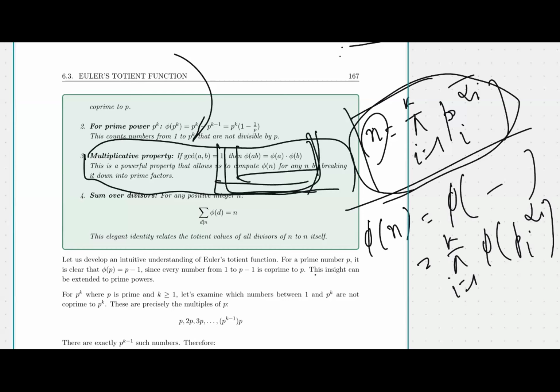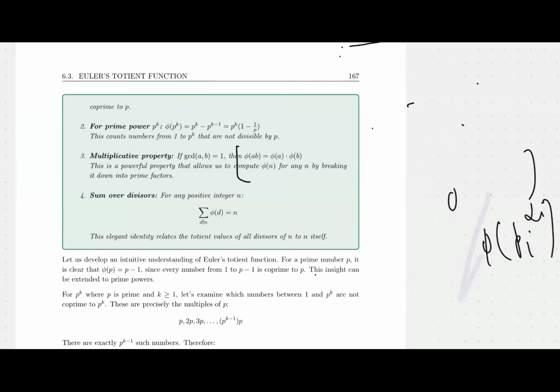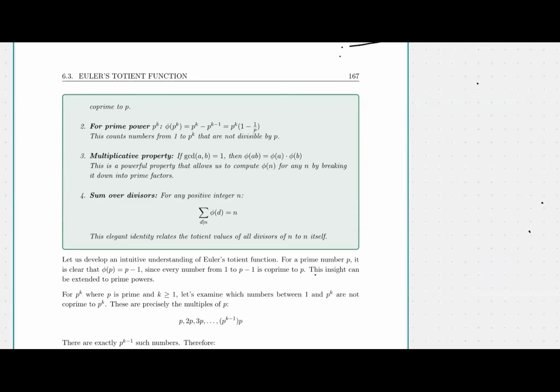But why is that possible? So let's do it for 2 primes, 7 and 5. Let's calculate phi of 35.